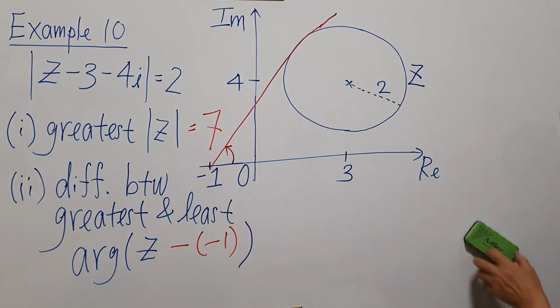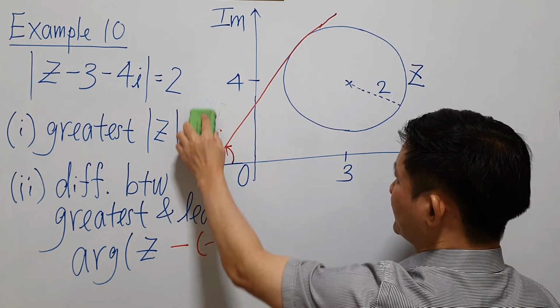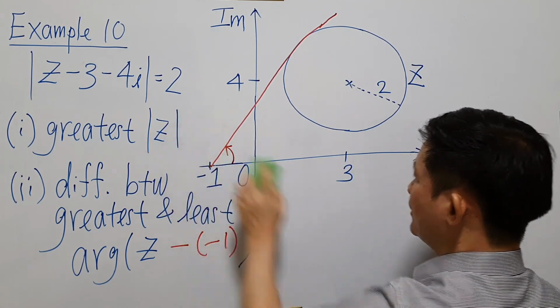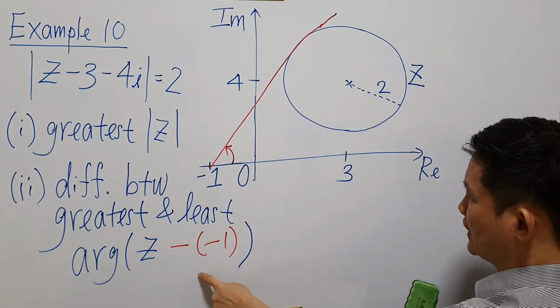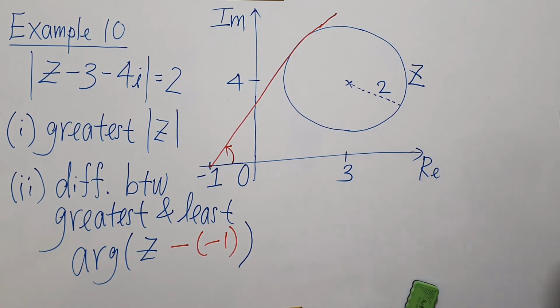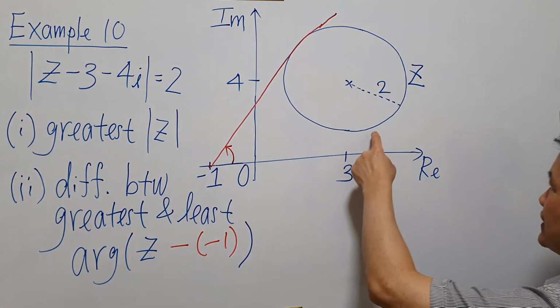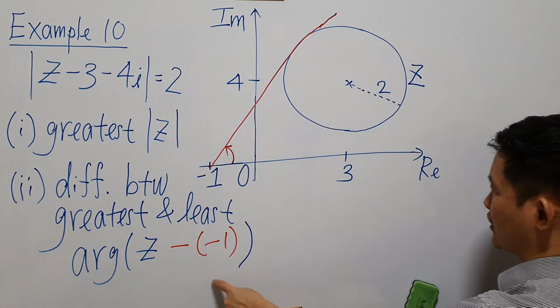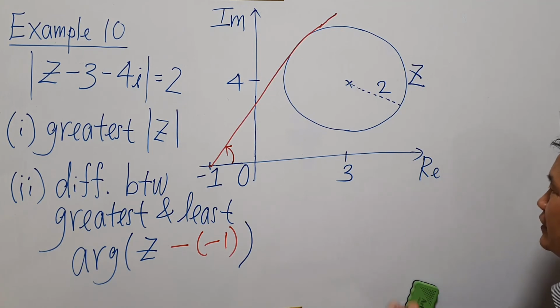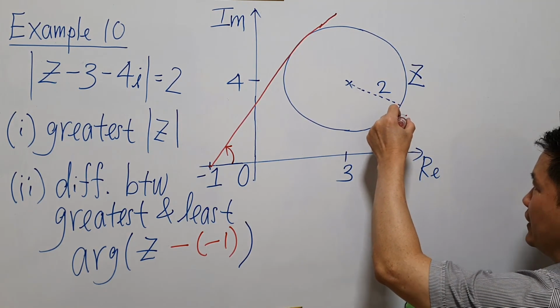Now you also want to know how you can get the minimum. How can you achieve the least argument of z minus (minus 1)? Again, from minus 1, you have to draw to some point z on this circle so that this argument will be the least. And such a line will be like this.